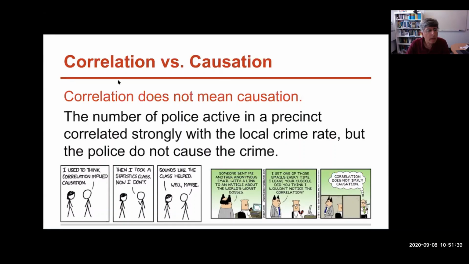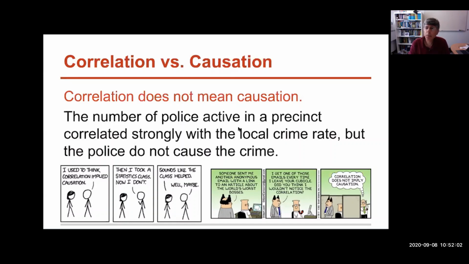And we don't really know about causation just because we have a correlation, and there are all kinds of cute examples of it. In general, in a well-run police department, the number of police you have in a district correlates positively and strongly with the crime rate in that district, right?